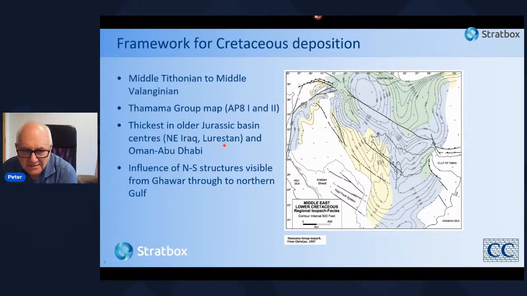And the thickest Cretaceous is found in older Jurassic basin centres, for example, northeast Iraq and Luristan, and in Oman, Abu Dhabi area in the southern part of the Gulf. And we can see the existing influence of structures, for example, the Qatar Dome, the Gawa structure, and the Burgan High, controlling isopacks in the Cretaceous.